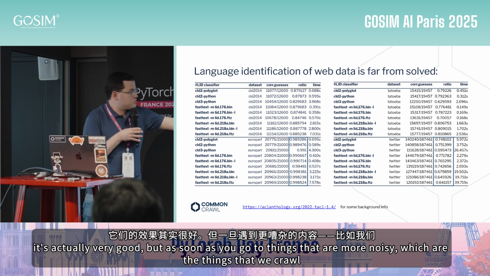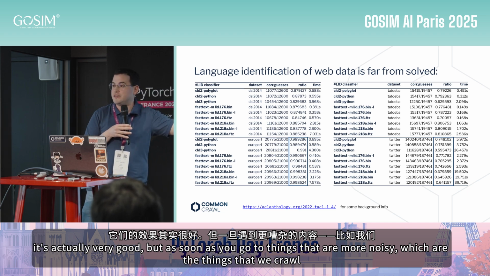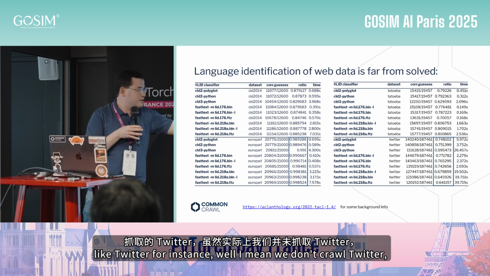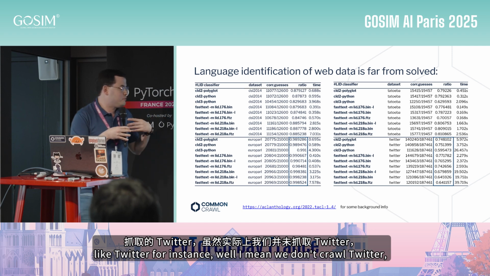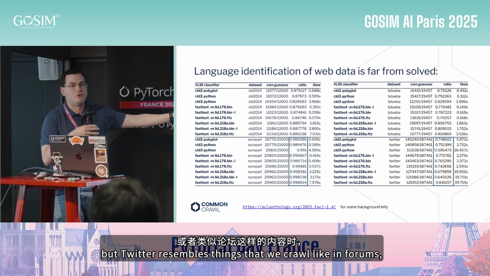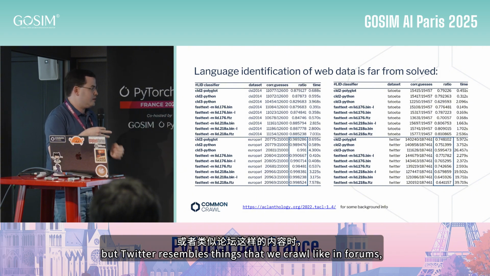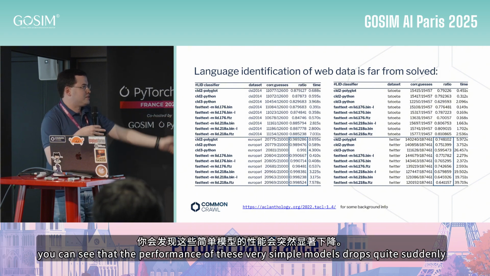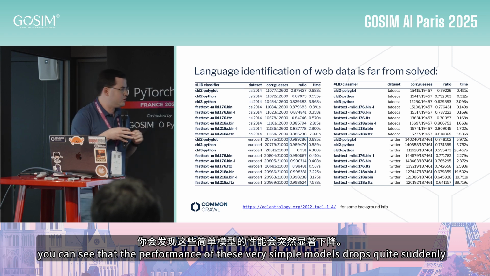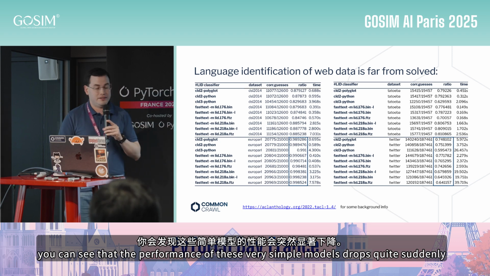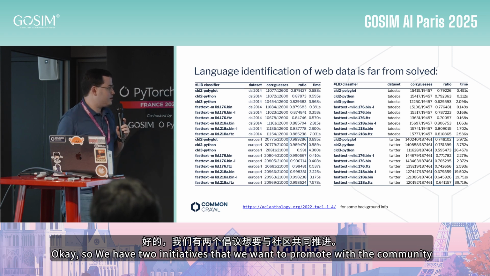But as soon as you go to things that are more noisy, which are the things that we crawl, like Twitter, for instance, well, we don't crawl Twitter, but Twitter resembles things that we crawl, like forums, you can see that the performance of these very simple models drops quite suddenly, okay?